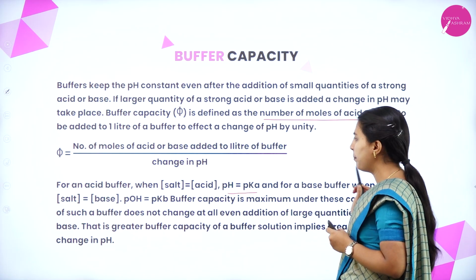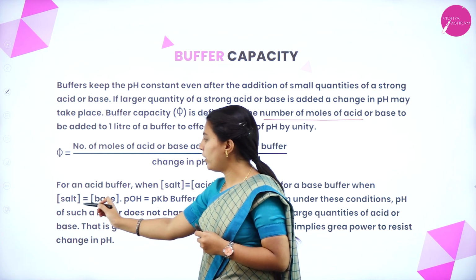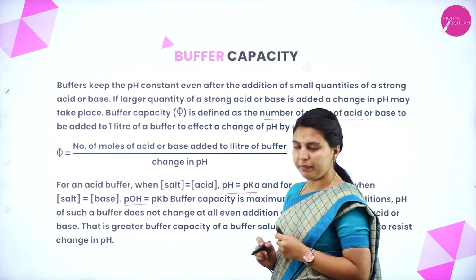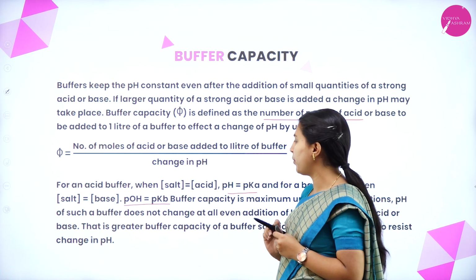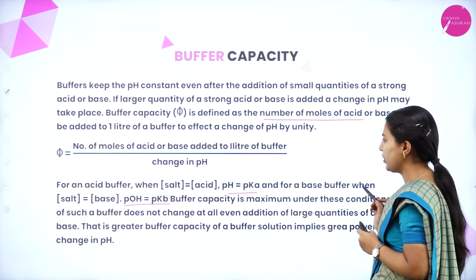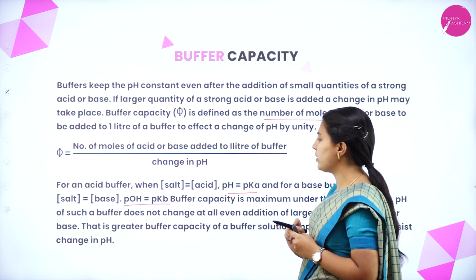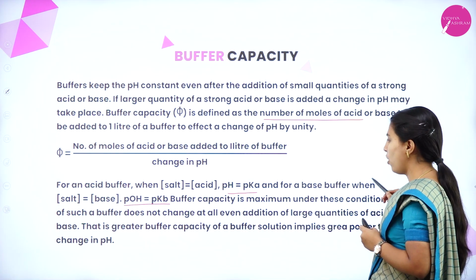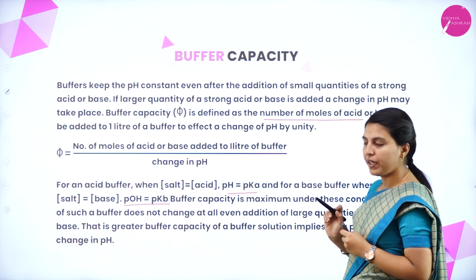And for a base buffer, when the concentration of salt equals the concentration of base, pOH equals pKb. These relations are very much important. Buffer capacity is maximum under these conditions. The pH of such a buffer does not change at all, even on addition of large quantities of acid or base.